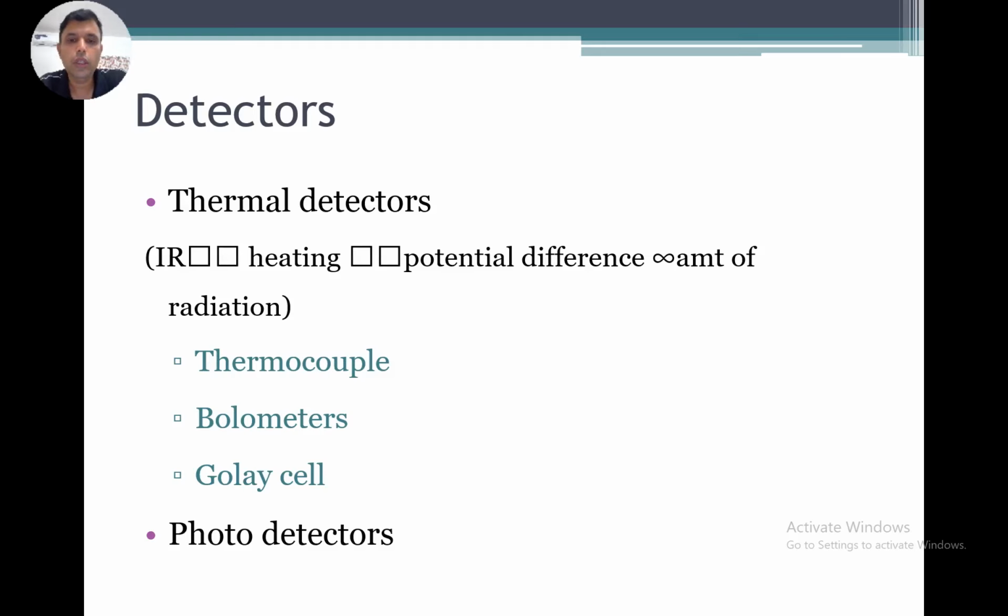That heat can be converted into an electric signal, which can be correlated with the amount of radiation. That is the basic principle behind thermal detectors. Examples of thermal detectors include the thermocouple, bolometer, and Golay cell. These are the major detectors used in IR spectroscopy.